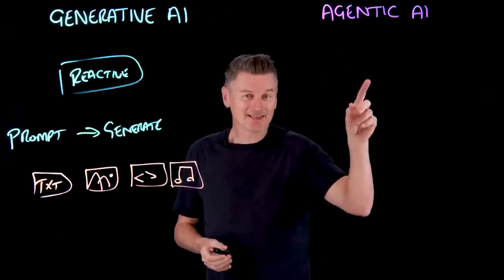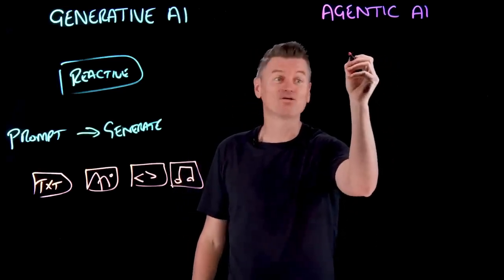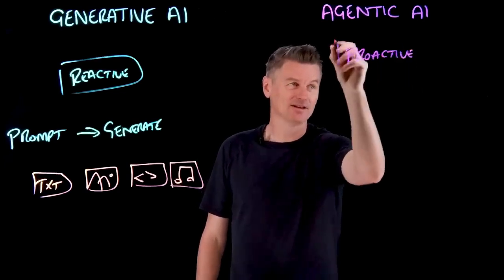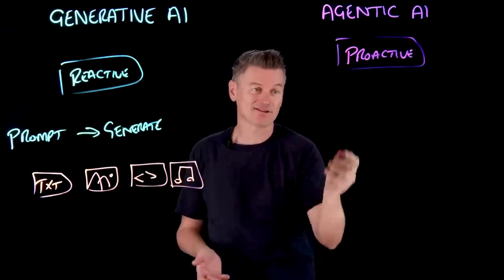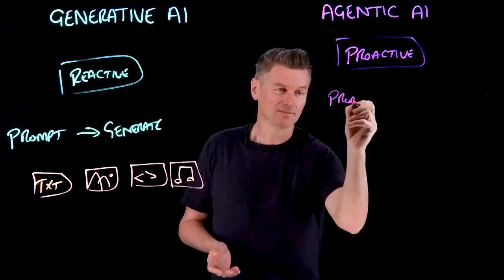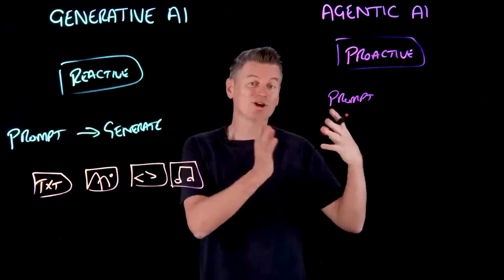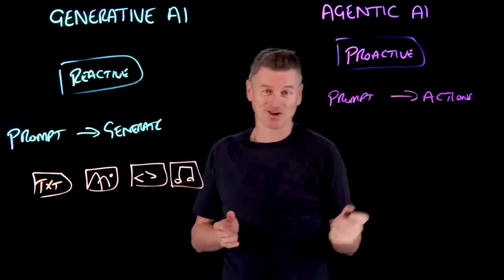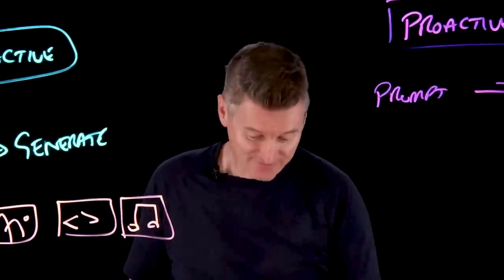Now, agentic AI systems, by contrast, those are not reactive, they are proactive systems. Like generative AI, they often start with a user prompt, but that prompt is then used to pursue goals through a series of actions. And an agentic system basically goes through a bit of a life cycle.